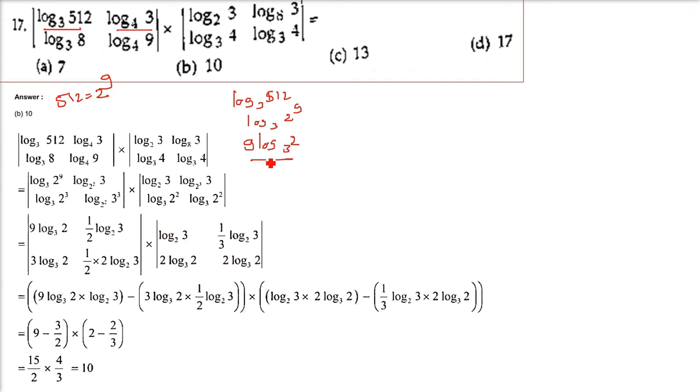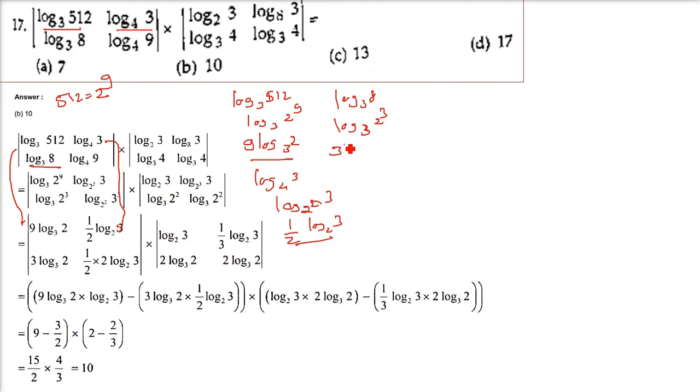Log base 4, 3. Now 4 can be written as 2 square, so it is log of 3 with base 2 square. Now 2 square when it comes outside, it will be half, so half log base 2, 3. The second one: log base 3, 8. 8 can be written as 2 cube, so 3 comes in front: 3 log base 3, 2.